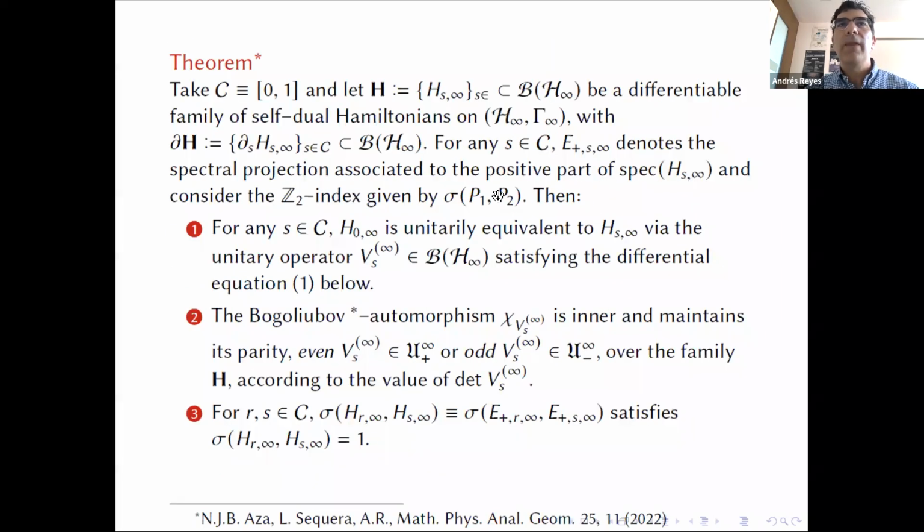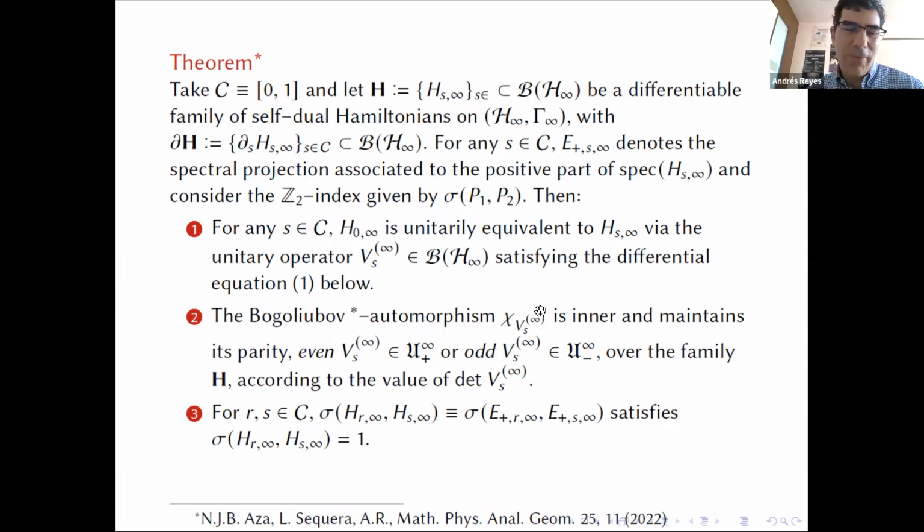If that is true, then one can connect these two Hamiltonians along this path by means of automorphisms that are generated along the path. And these automorphisms will be Bogoliubov ones. And then it is possible to show that the index has to remain constant all the way through the path.